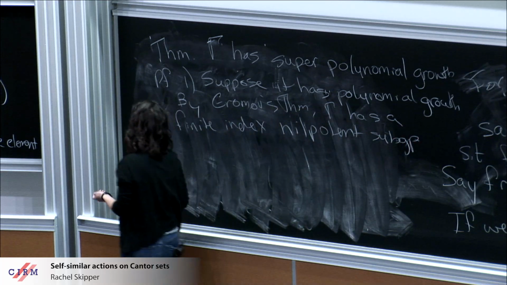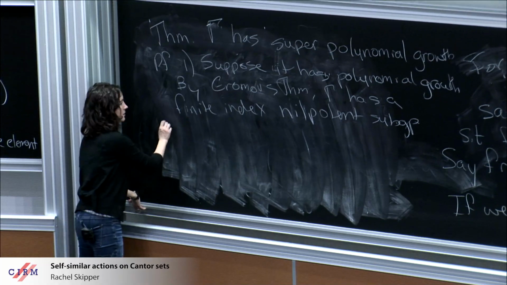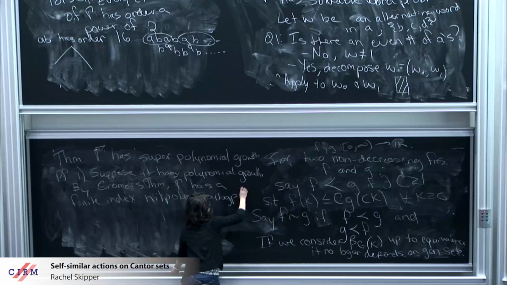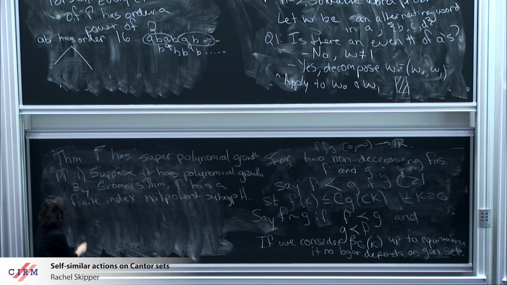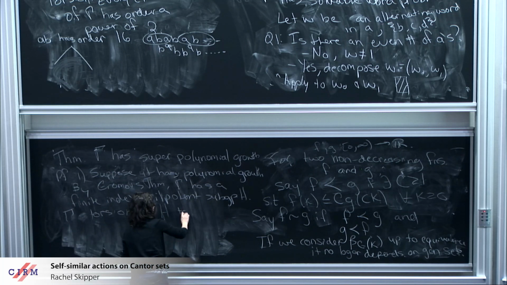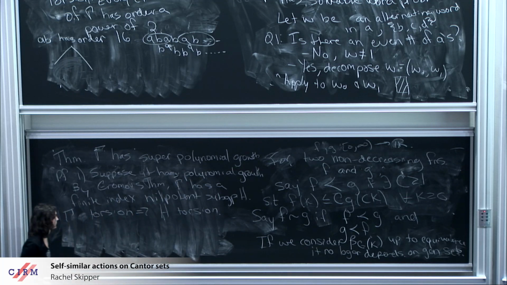All right, but gamma is a torsion group, yeah? Well, let me name my subgroup. Let's call it H. So gamma torsion implies H is torsion. But if you know something about nilpotent groups, torsion nilpotent groups are finite.